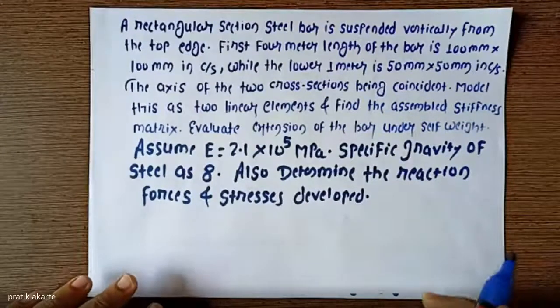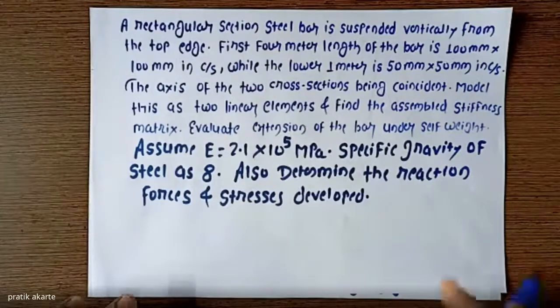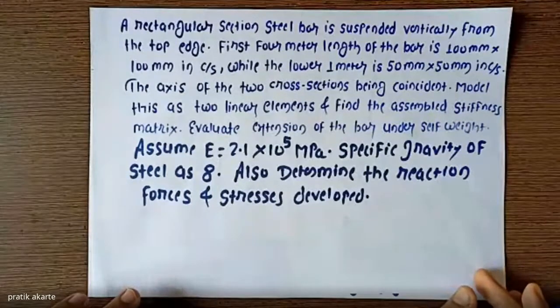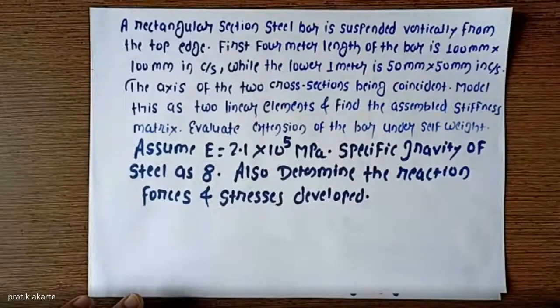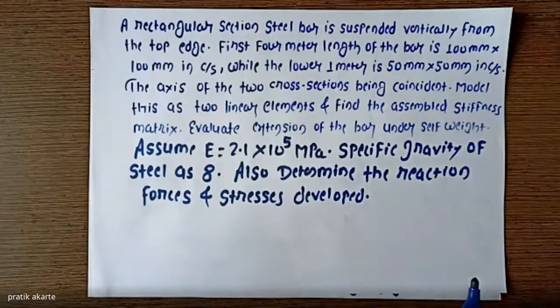The first 4-meter length of the bar is 100 millimeter by 100 millimeter in cross section, while the lower 1 meter is 50 millimeter by 50 millimeter in cross section. The axes of the two cross sections are coincident. That means the axis passing through both of these sections are the same, they are coinciding with each other.